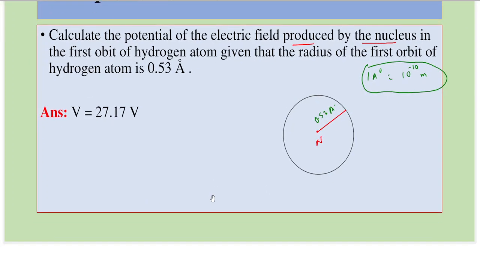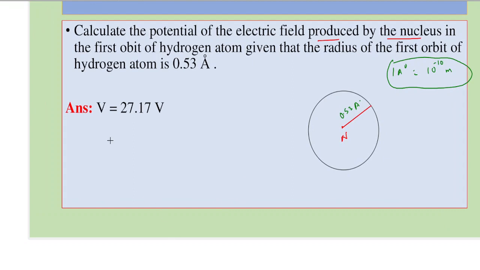As seen in the previous numerical, the potential is given as kQ by R, that is equal to 9 into 10 power 9 into Q, which would be the charge of the proton because the nucleus has only one proton, 1.6 into 10 power minus 19 coulomb, by R, which is 0.53 into 10 power minus 10.